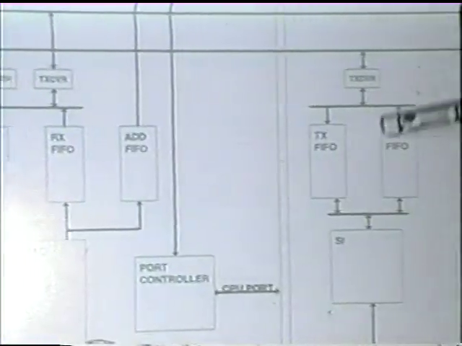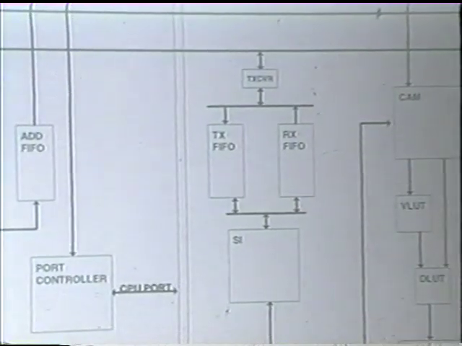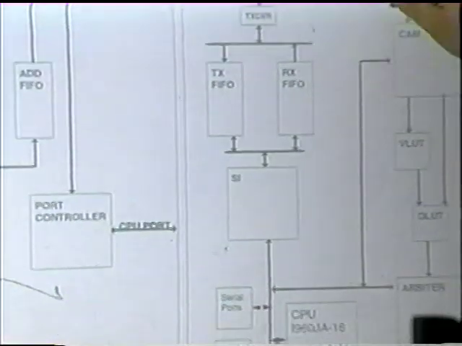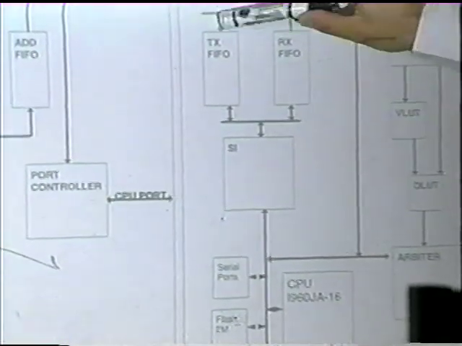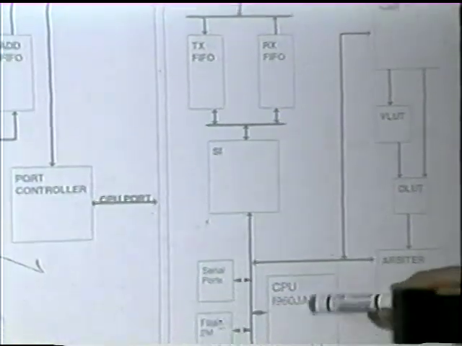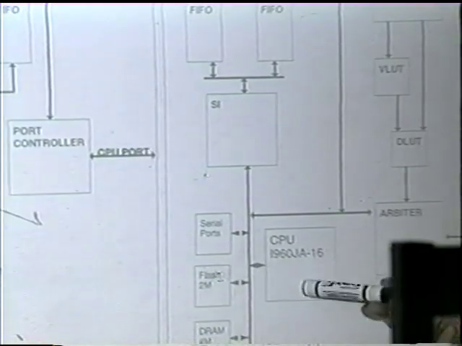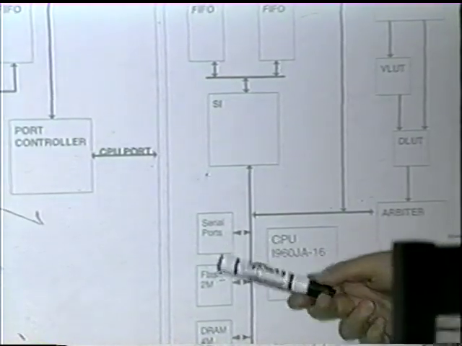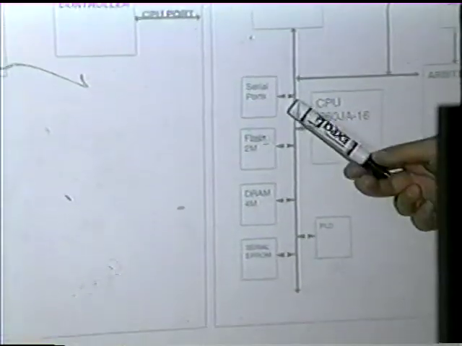In addition to this, you also see the management here on the control module. You see the management interface here to one of the data buses. And here it's broken up in a little more detail. You can see the actual CPU and the various peripherals on the CPU.